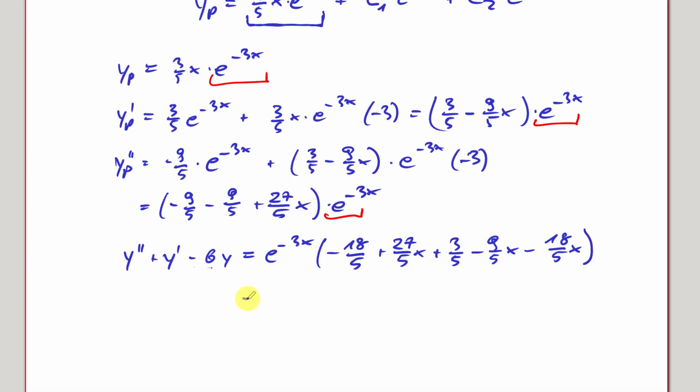Okay, and this is e to the power of minus 3x, and now we just have to sum up. What we see is the following. We have terms with x: 27 over 5x minus 9 over 5x minus 18 over 5x. So this just cancels.